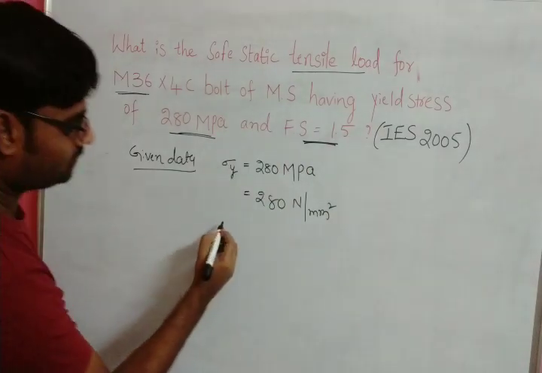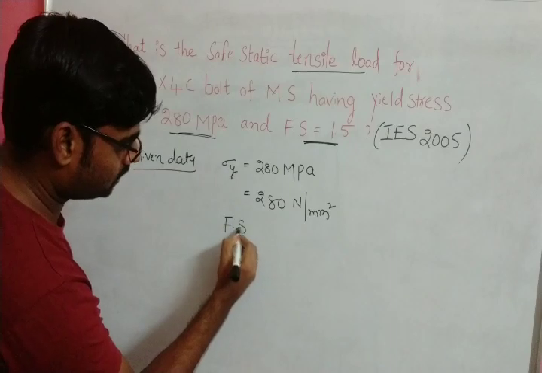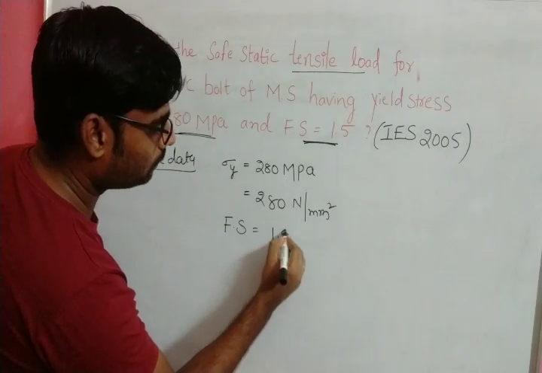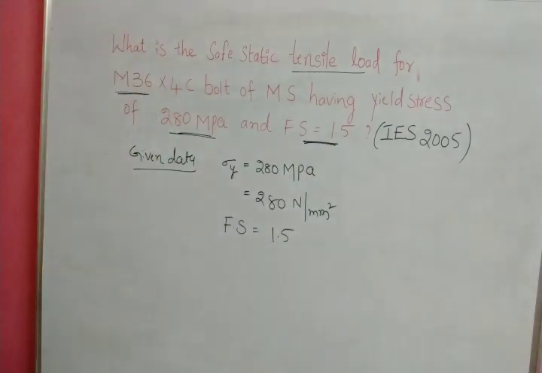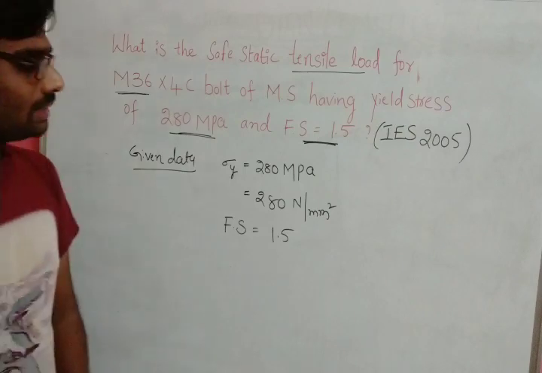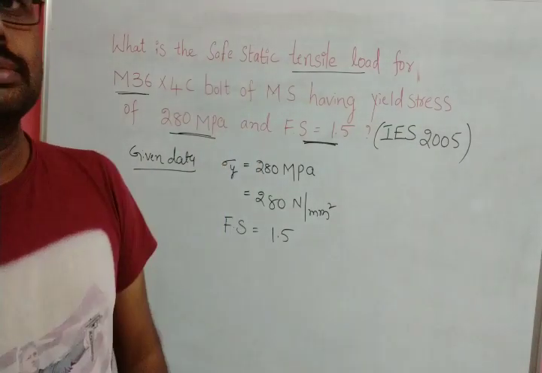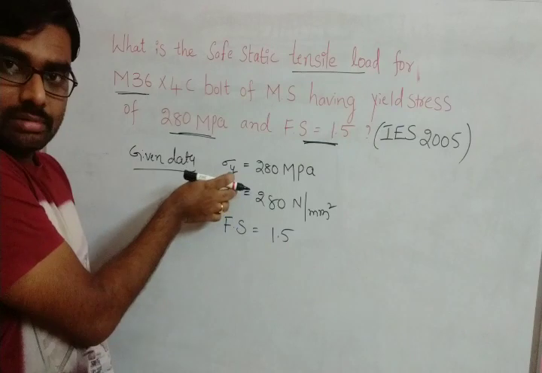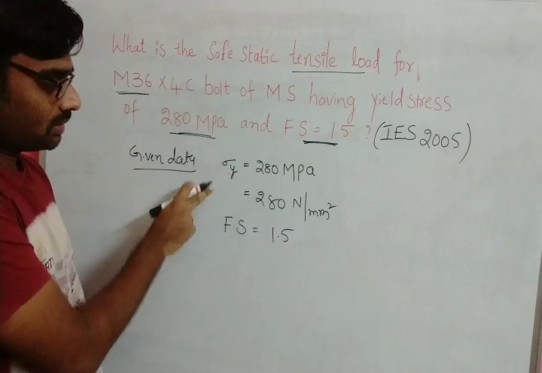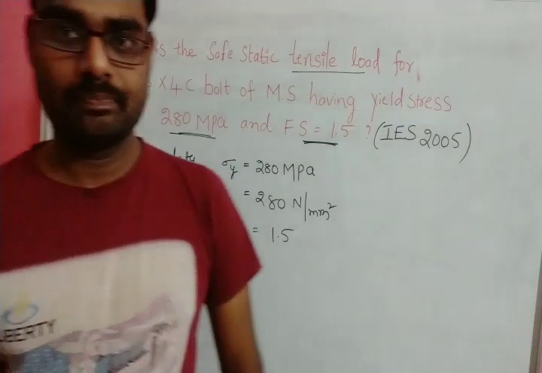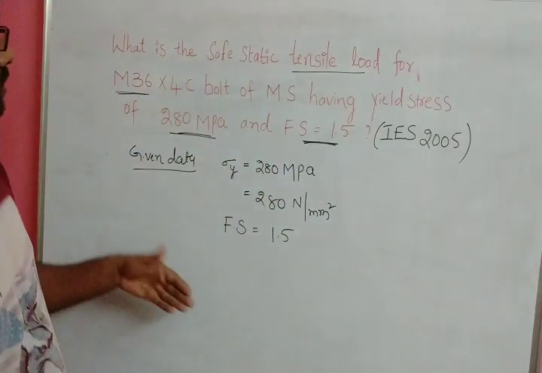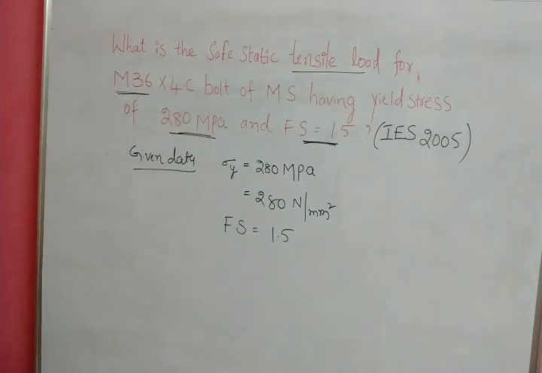Factor of safety is also given, equal to 1.5. Yield stress and factor of safety are given, and M36 is also given.